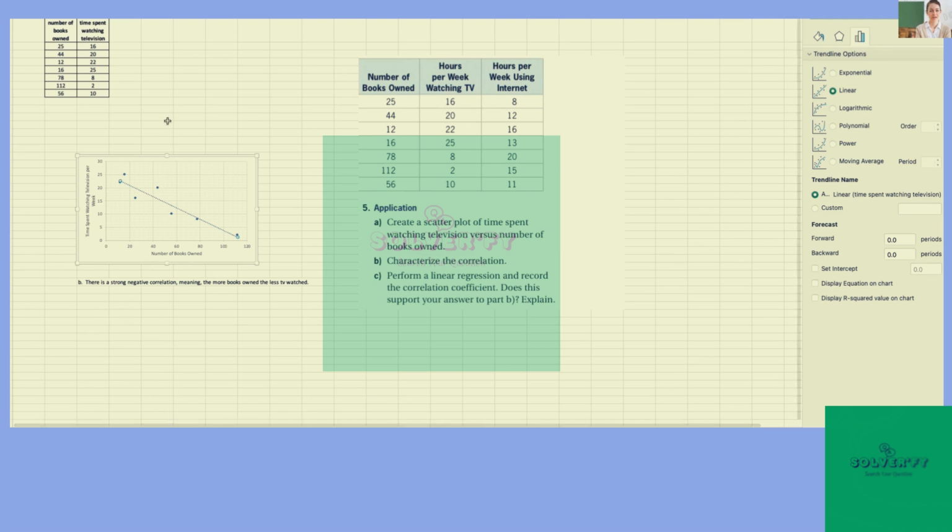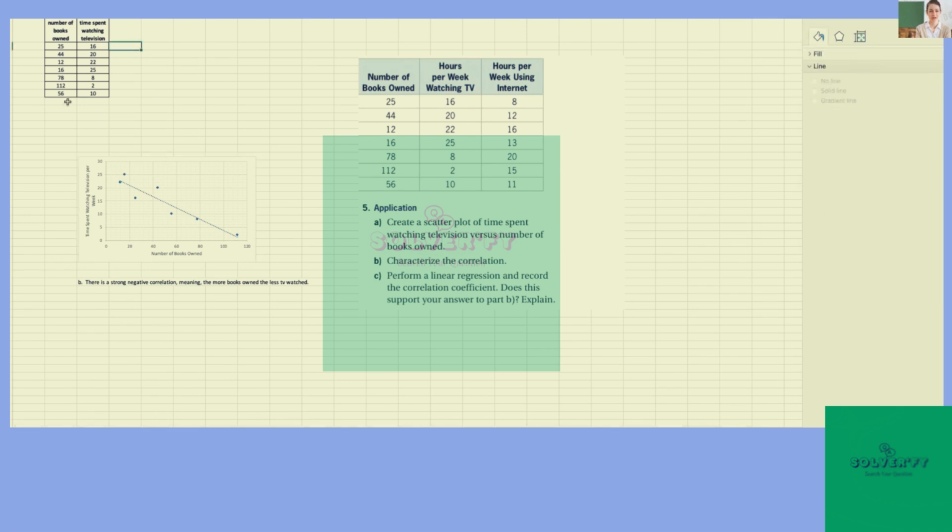All right, so to do this, you have to first calculate the mean of your number of books owned, and then calculate the mean of your time spent. Now this is your X value, and this is your Y value.